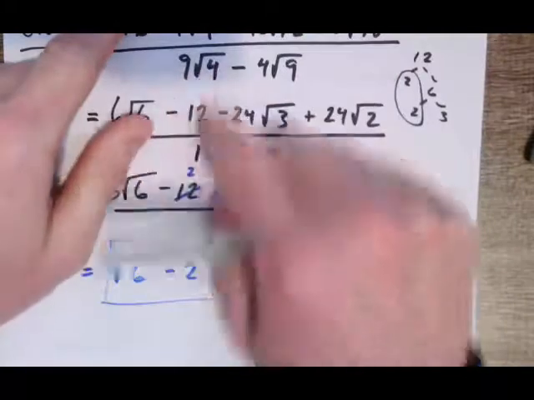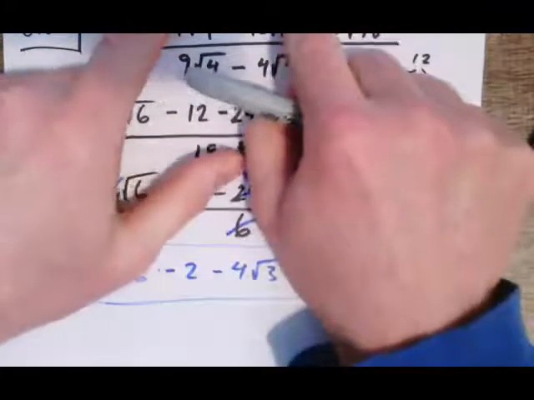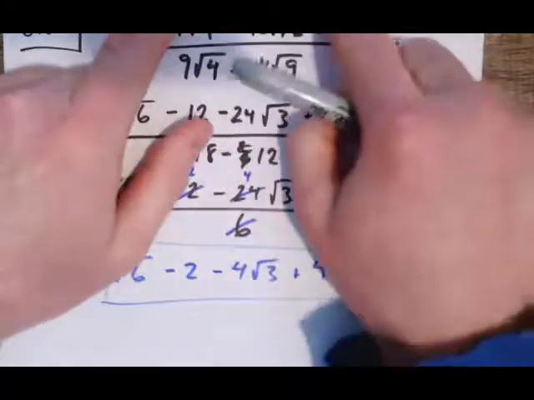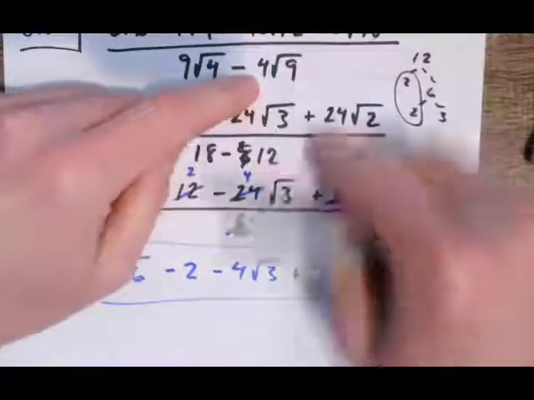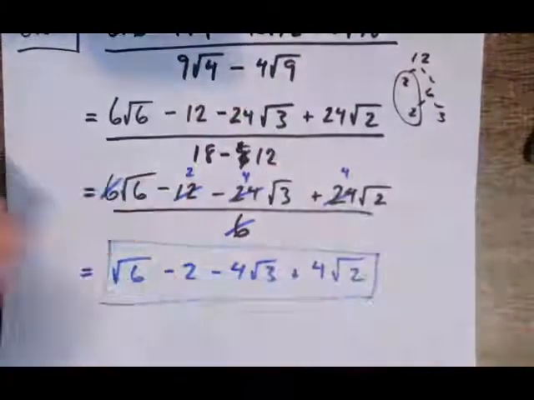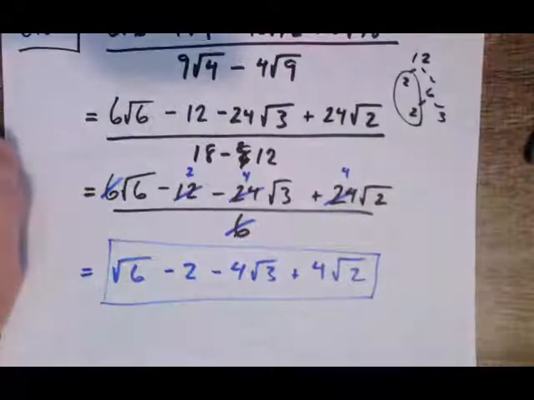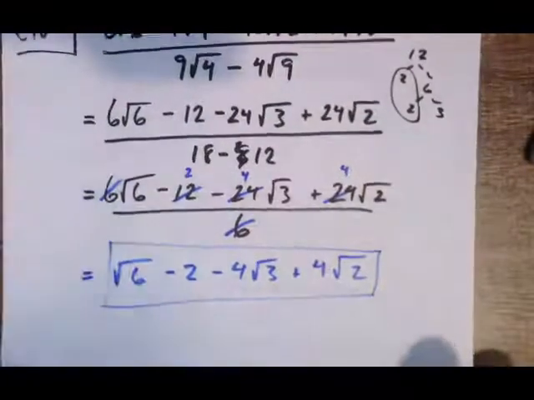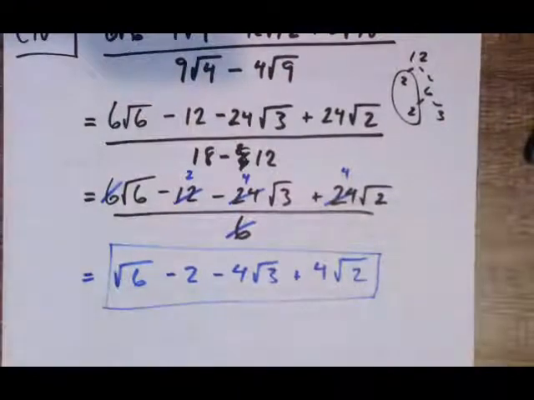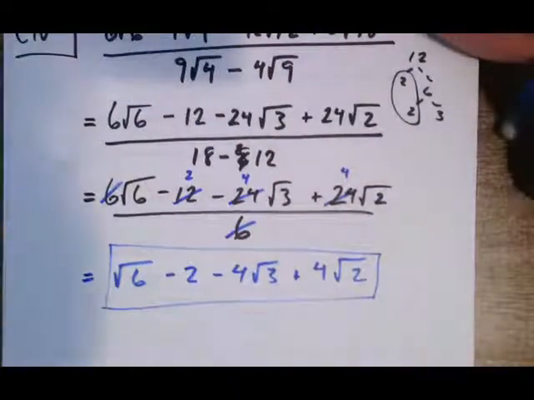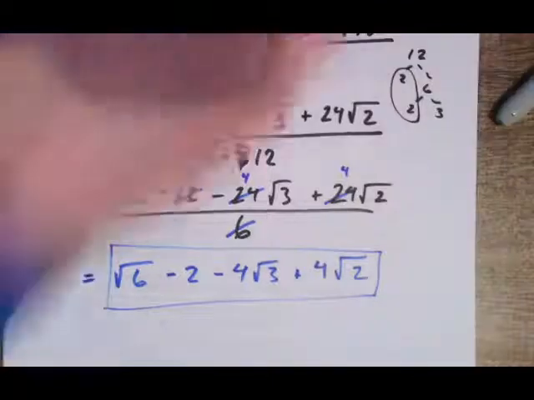Root of 4 is 2. 9 times 2 is 18. 4 root 9. So I got 4 root 9. Root 9 is 3. 4 times 3 is 12. 18 minus 12 is 6. I'm going to pause it, see if I can find my mistake without wasting your time.